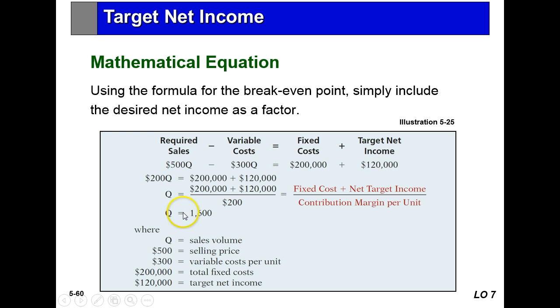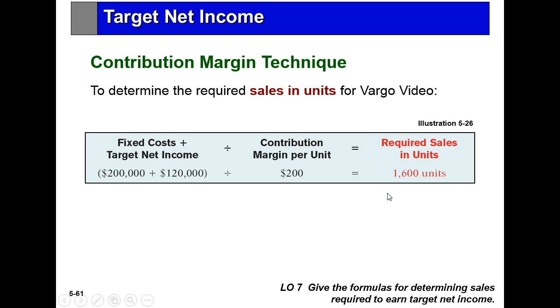So if we look at here and we use this formula, we determined that we need to make or sell 1,600 units at $500 per unit in order to hit our target net income. We'll work on some problems like this so we can see it flesh out in real practice.